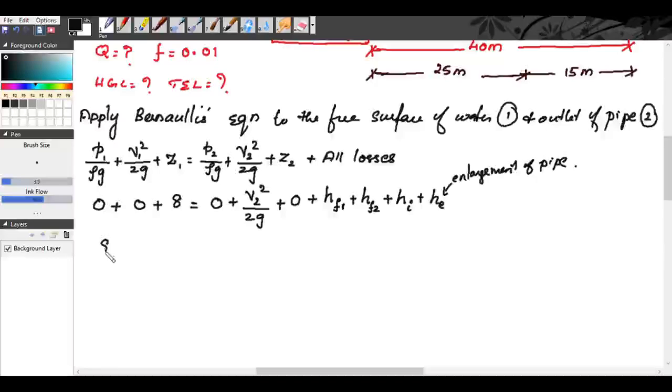Okay. So from this we get 8 is equal to V2 square by 2g plus HF1. Now what is HF1?